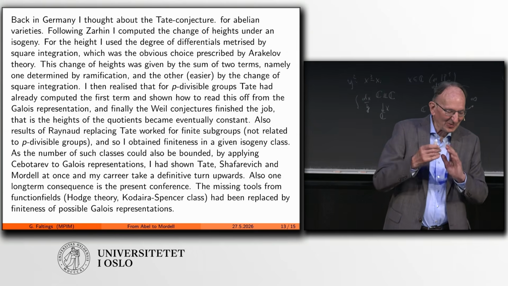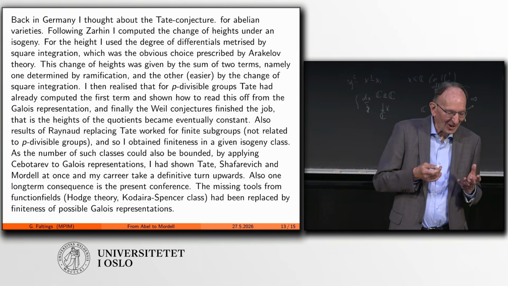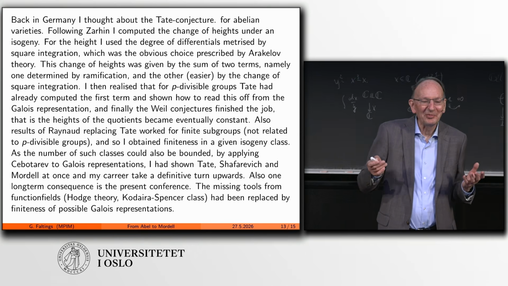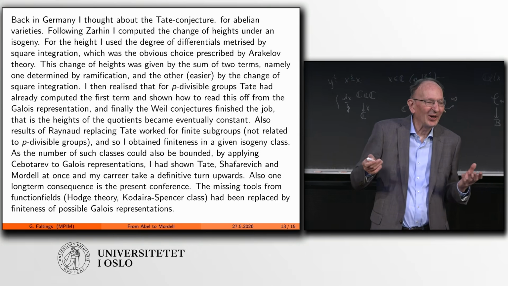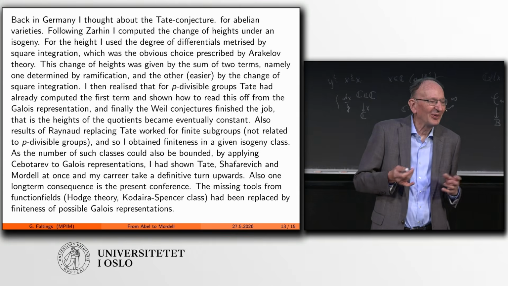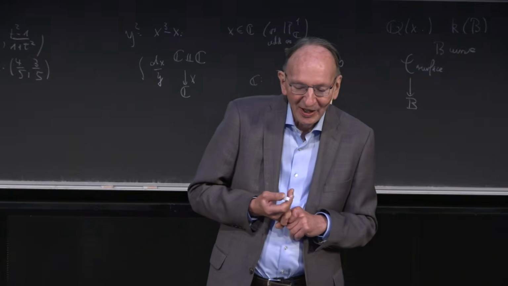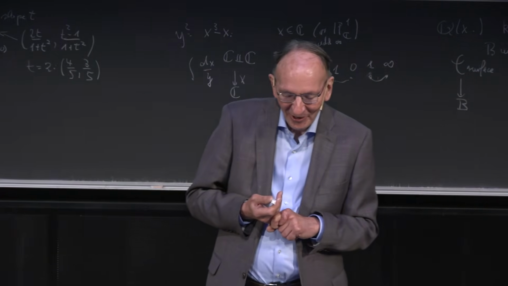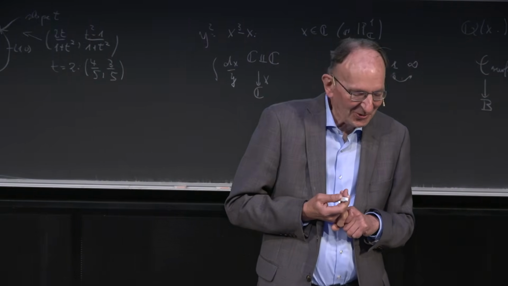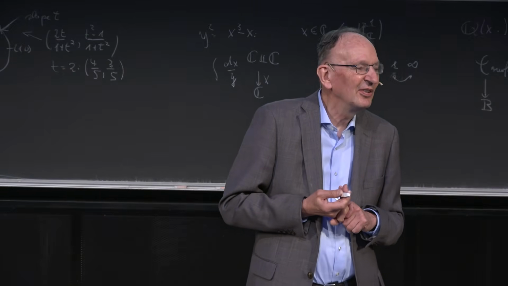Let's say you have a generator for A, which is alpha, and then for B it might be only 2 alpha or 4 alpha or 3 alpha or something like this. So if you do the square integral, it would go up. And so then I had the good luck that these two effects tended to cancel.